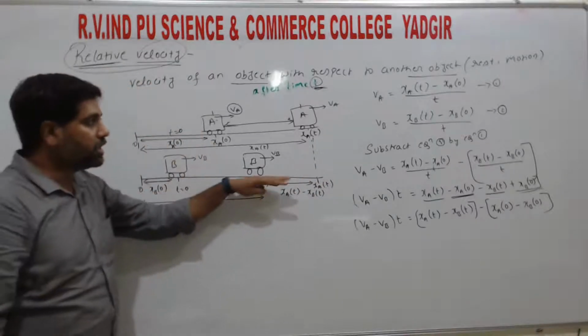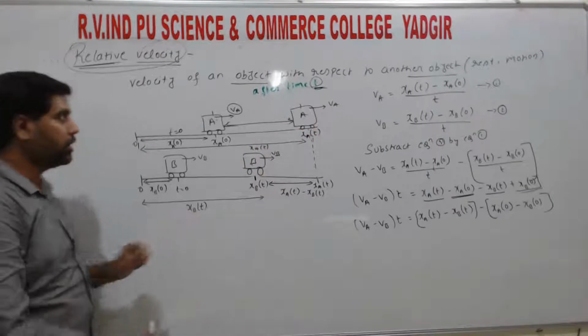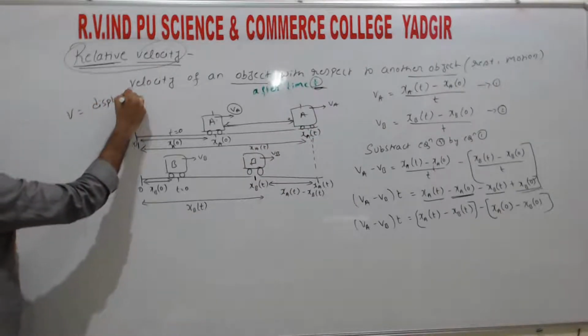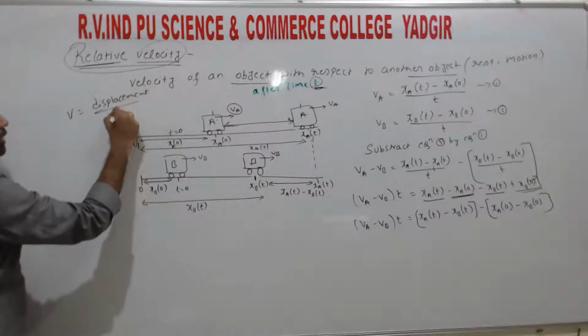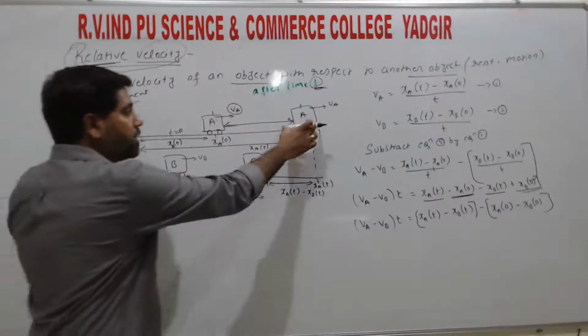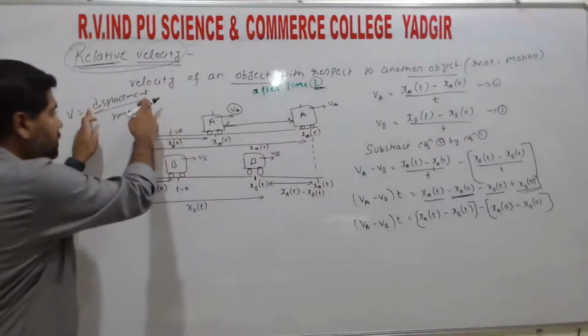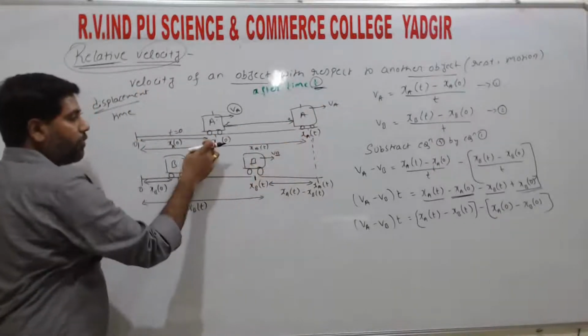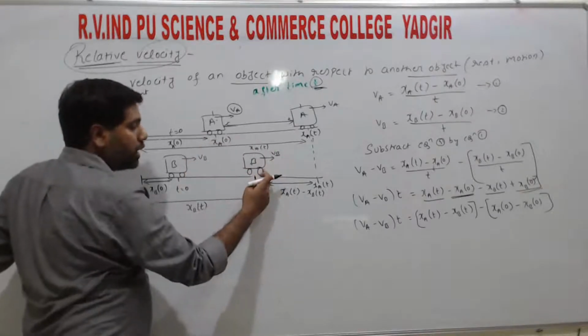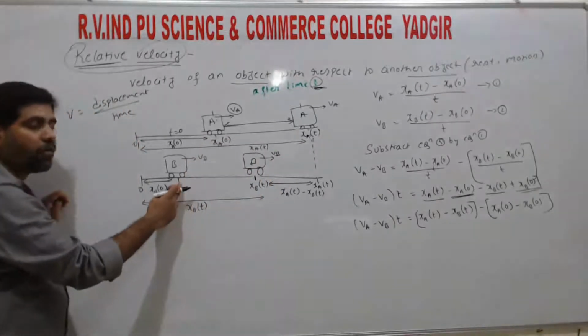So we know the velocity is displacement by time. By using this relation, first we find the velocity of A. The displacement is XA of t minus XA of 0. Similarly, XB of t minus XB of 0.